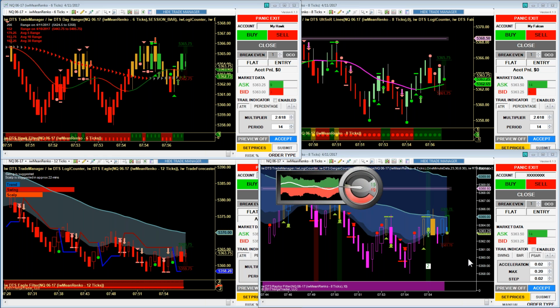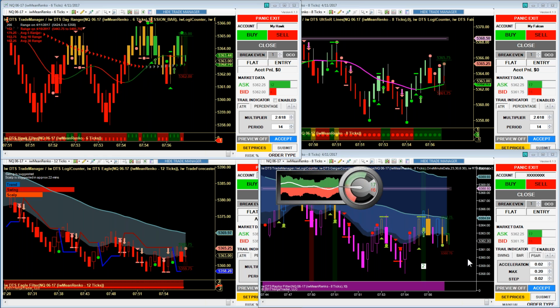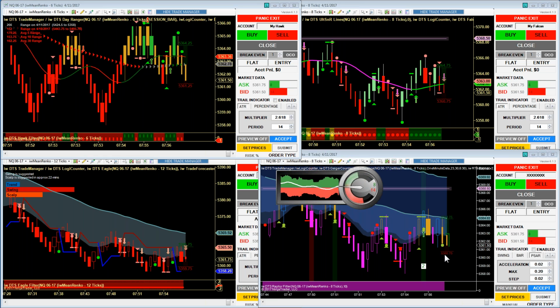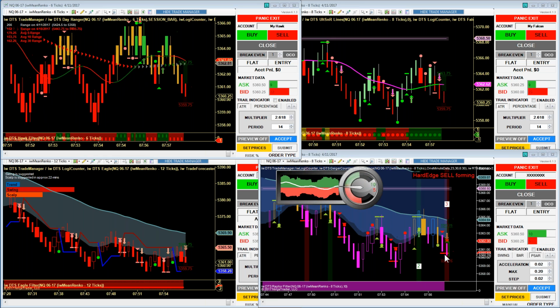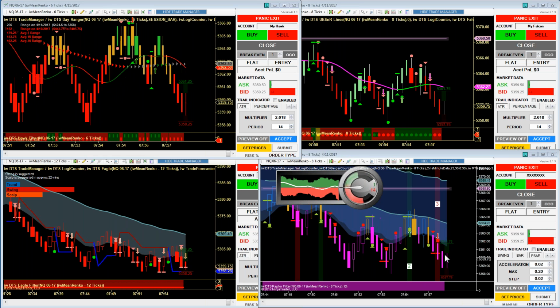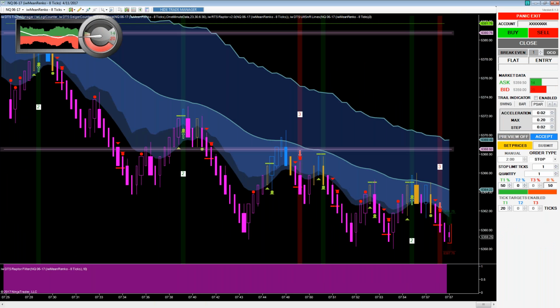Doug's asked a question here. With one of the quick number 3 setups, I hit the sell button rather than the set prices routine. The program gave me 7 contracts. Is that an adjustable parameter? Yes. Make sure first off that you don't have 7 in the quantity window here and that you're not set on manual mode.